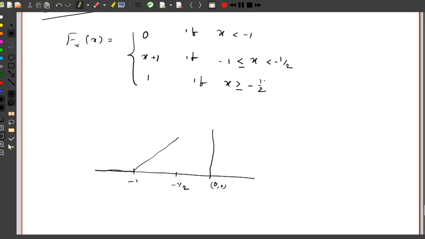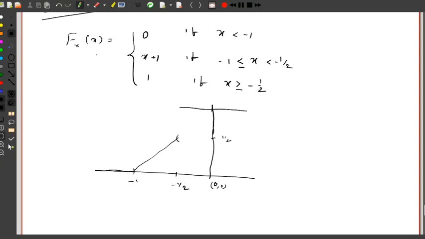At the point minus half, if I take the left limit, the value is half. Then I have a jump, and the function continues. Here it is open. So the distribution function is continuous throughout R except at the point minus half.